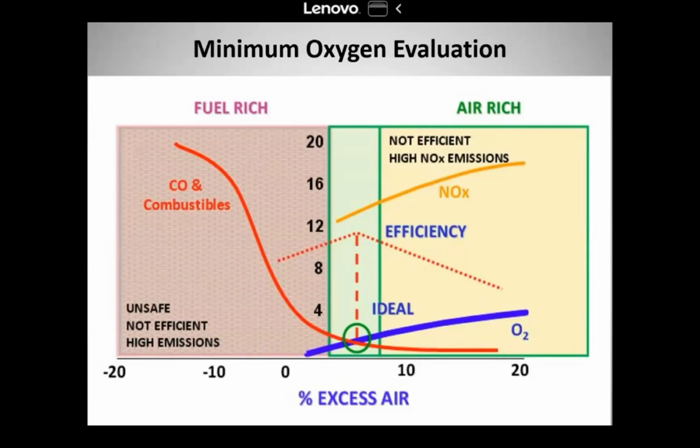The efficiency peaks someplace, depending on the system, at 2, 3, 4, 5%. I still have a little bit of CO. I could have less CO, but then I'd have to put in more and more air, more and more nitrogen going through the system, carrying away more and more heat. I can't go less than the ideal, because then I start gaining CO and combustibles. So there's a sweet spot, probably between 2 and 5%, depending on the system.